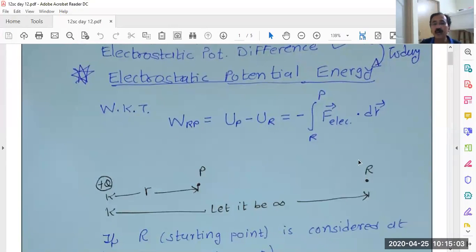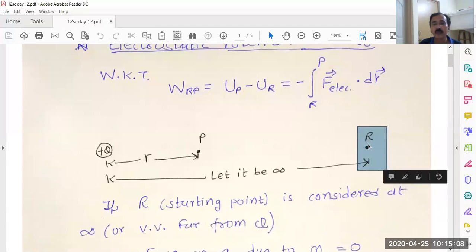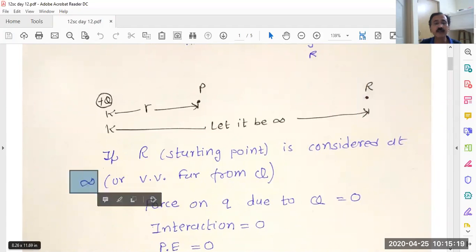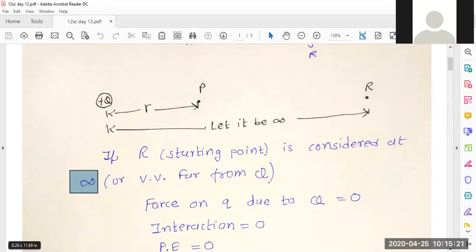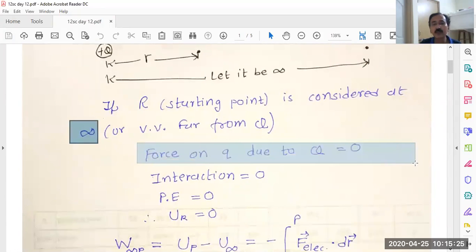But if I consider R to be at infinity, far away, will there be an interaction between the charge here at infinity and your source charge here? What is the distance? Infinite. And if it is infinite, what is the force between Q and capital Q?